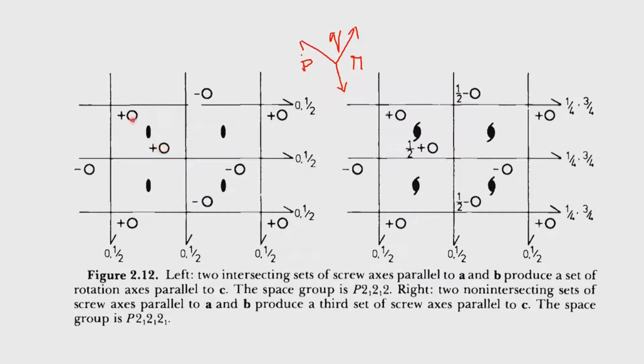And you can see that the equivalent points are nicely related by two-fold symmetry. And that is how we get to this space group P21212.